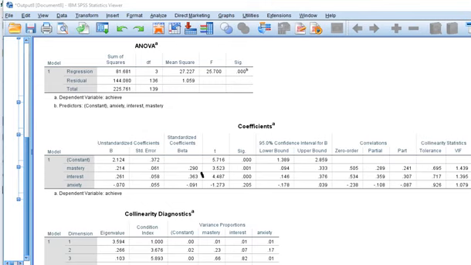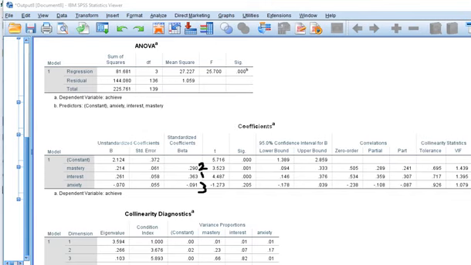The second largest coefficient is for mastery, so we would interpret this coefficient to mean that for every one z-score unit increase on mastery, there's a predicted increase of 0.29 z-score units on achieve, controlling for the other predictors. And then the weakest predictor is anxiety, and the coefficient is negative 0.091. We would say that for every one z-score unit increase on anxiety, there's a predicted decrease of 0.09 z-score units on achieve, controlling for the other independent variables within the model.